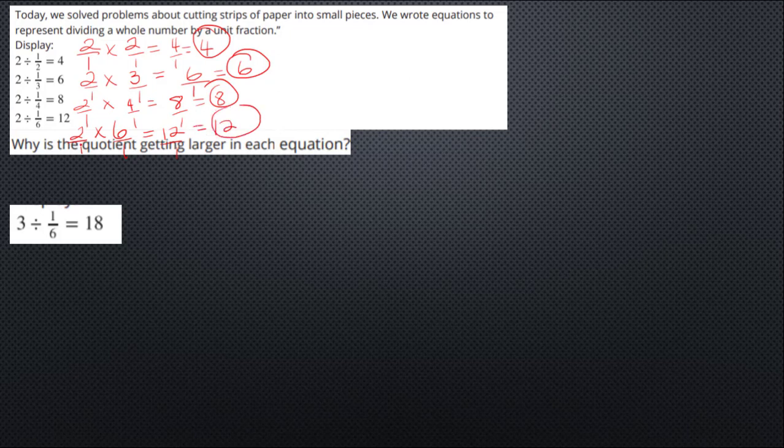So why is the quotient, which is the answer to the division, getting larger in each equation? Well, that's because our in each is getting smaller each time. So remember, when we are eating one piece in all of these fractions, then we're looking at the bottom number, which is our denominator.